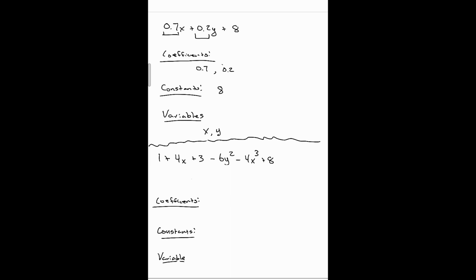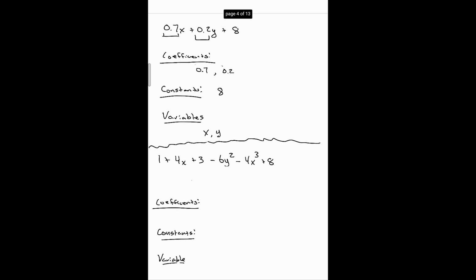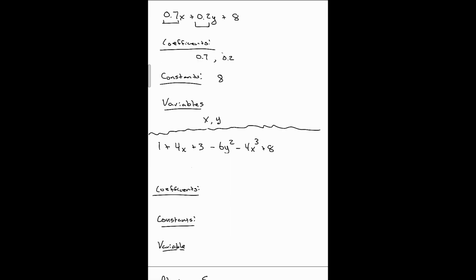So moving on to the next problem. The next problem is asking us to do the same exact thing, but just a little bit different expression. So hit pause real quick. Let's see what you guys come up with. Okay, the coefficients are the numbers out in front of the letters.